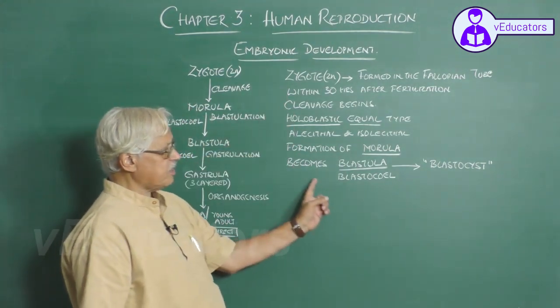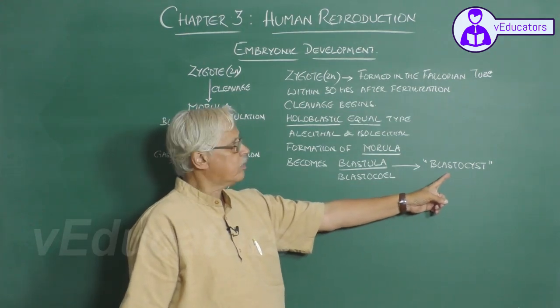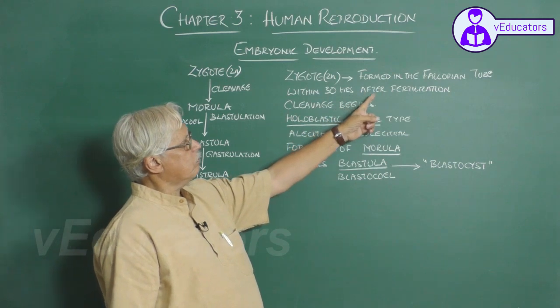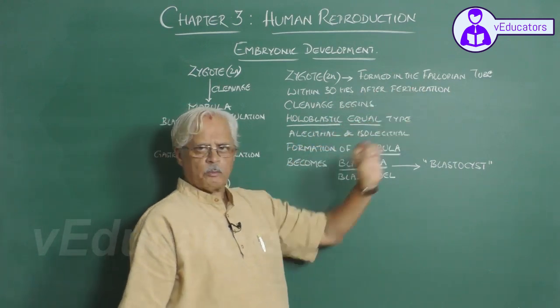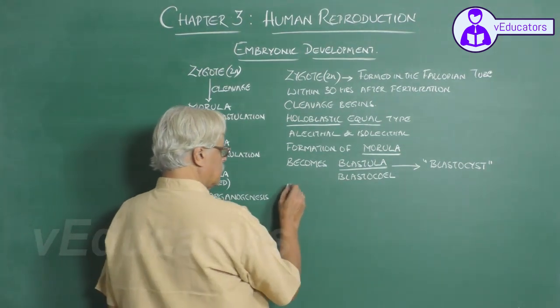As the zygote reaches the stage of a blastocyst, it will be moving along the fallopian tube to reach the uterus.